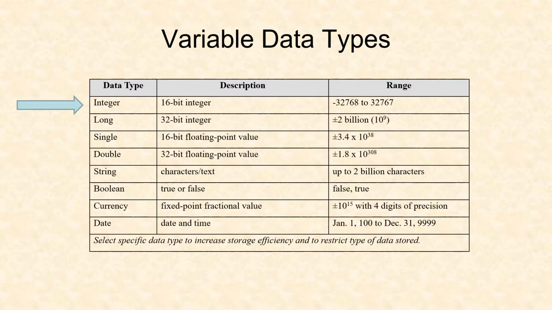Again, for teachers, mostly for whole numbers, we're going to be in that range. So for the most part, if you're going to declare a variable to be a whole number, we'll call it an integer. Notice there are also other number types, long, single, and double. So again, for math folks, maybe that's something that you'll need to tap into.